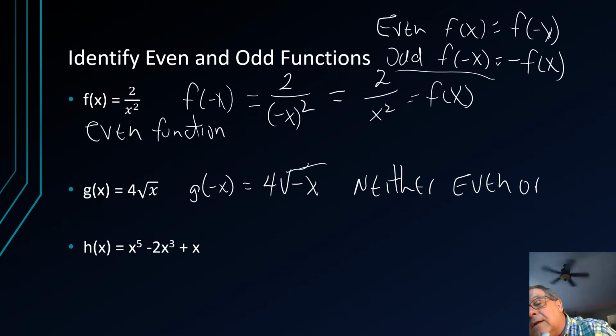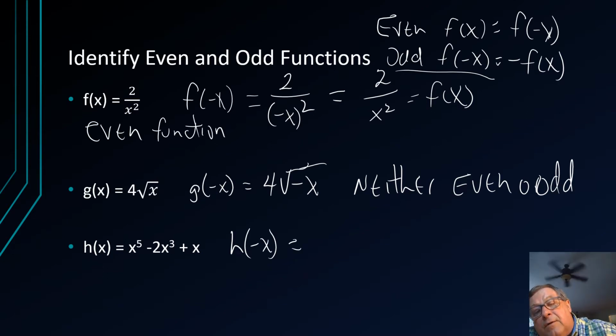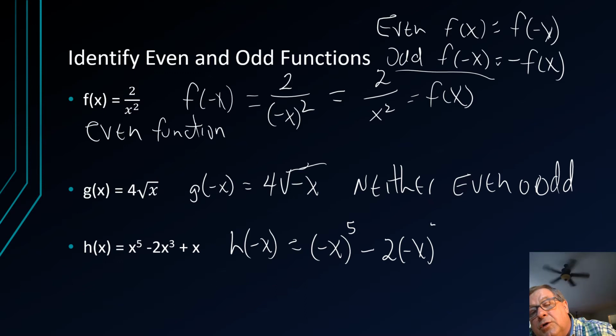And then we're going to look at the last one. What do we got here? h of x is equal to x to the 5th minus 2x cubed plus x. Well, let's first start with h of negative x. Then that would give us negative x to the 5th minus 2 times negative x cubed plus negative x.